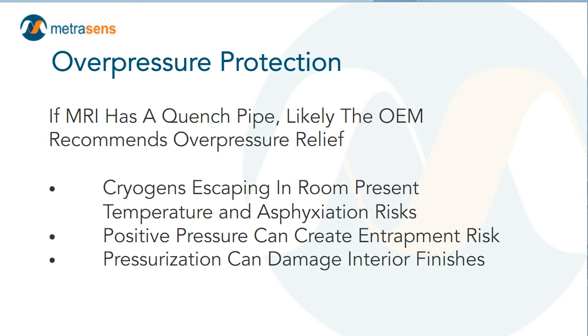They want to see an overpressure relief mechanism. This may not be a minimum design standard in the manufacturer's sighting diagrams or designs or sighting guide, but it is recommended in almost all cases where we would otherwise have a quench pipe.